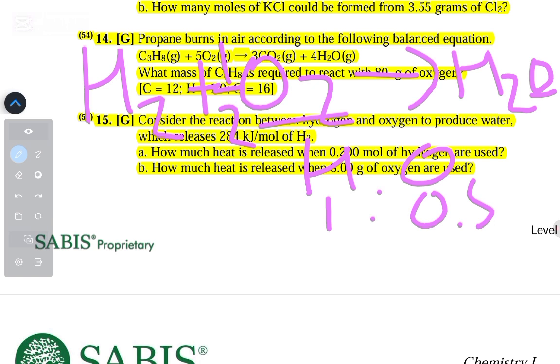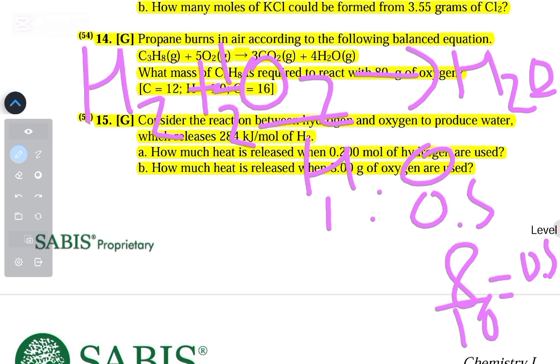That's the ratio. And 8 grams of oxygen is used. 8 grams divided by O, because it's just O, it's not 2. So 16 is O. So 8 over 16 will give you 0.5 as the moles.